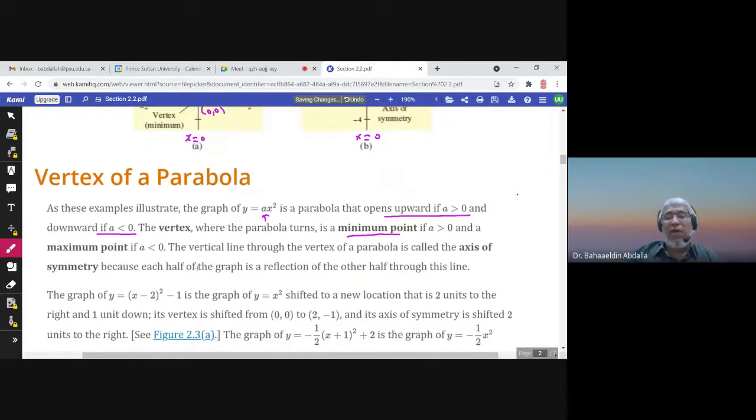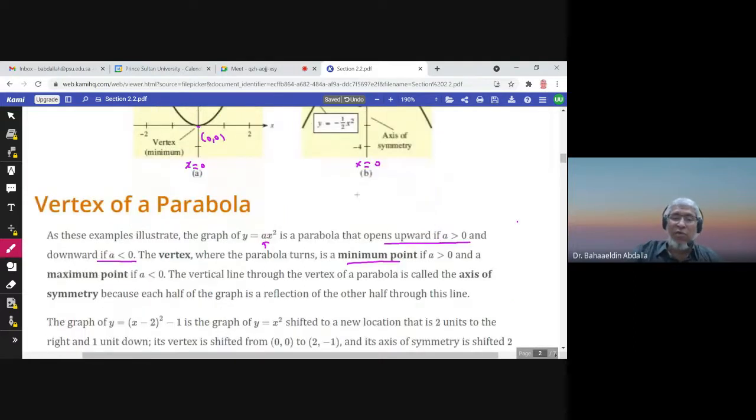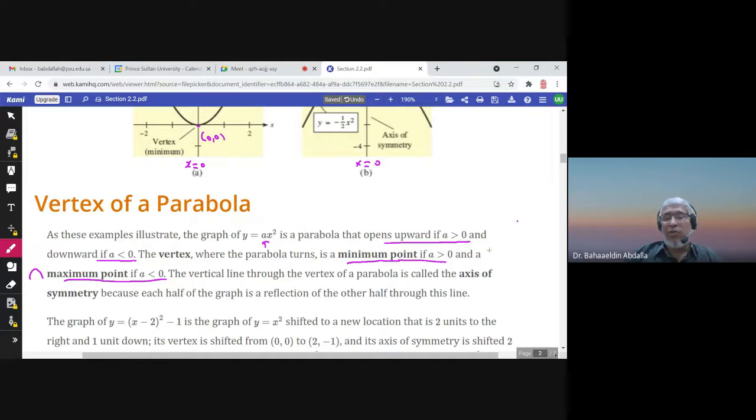If a is less than 0 and the parabola opens downwards, the vertex is the maximum point. So the vertex is the minimum point if a is positive. The vertex is the maximum point if a is negative because it opens downward. Here it opens upward.